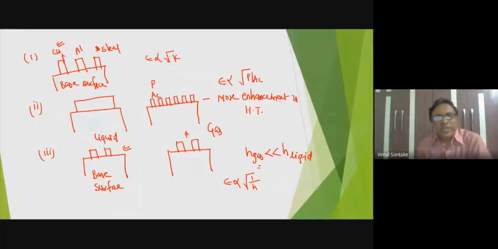So this way I can understand the significance of fin effectiveness. And I can use fin efficiency as well as fin effectiveness, these two performance parameters, to design and select an appropriate fin to enhance heat transfer rate from the base surface.